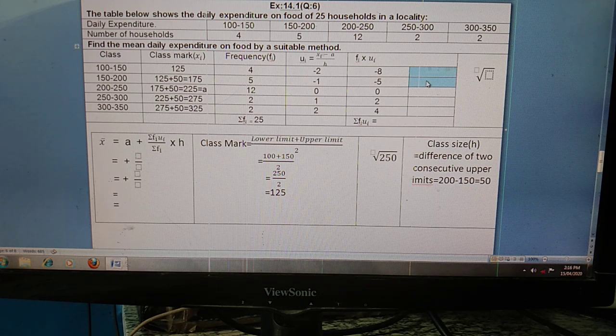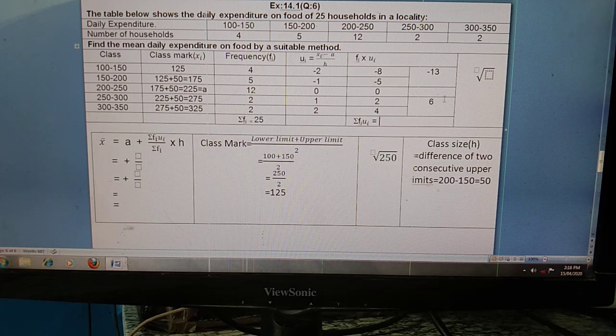Now add the negative numbers, -8 and -5 will be -13. If we add the positive numbers 2 and 4, it will be 6.